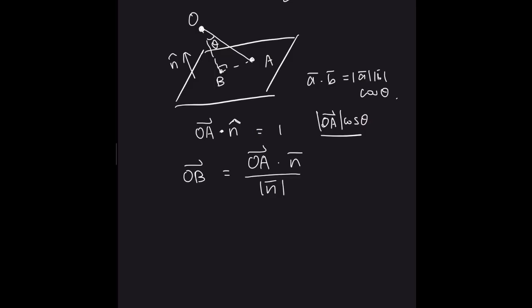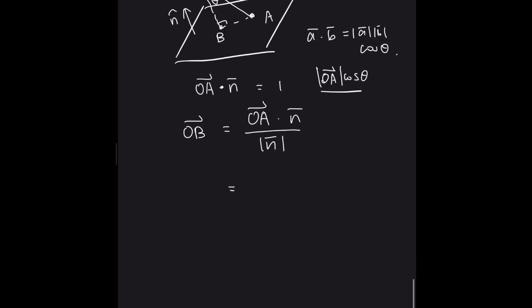So because we know OA times n equals 1, this doesn't have to be a unit normal. This just has to be n. So that's just your Miller index.